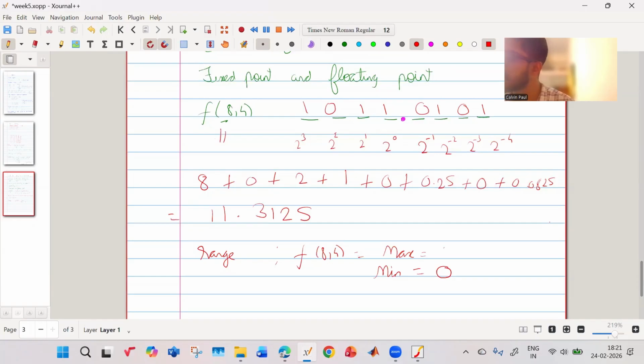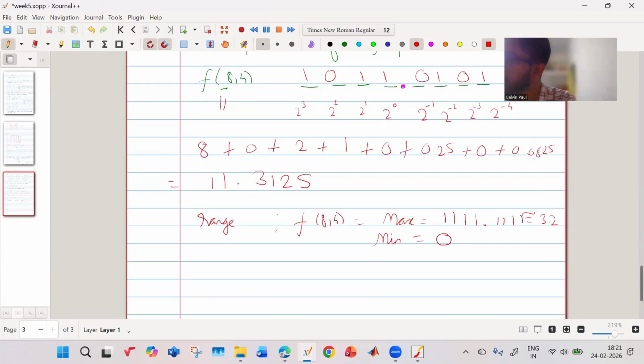So that would be 1111.1111. So you can add it. It would come very close to, it'll be approximately 32, but not exactly 32. Let us say, some 31 point, let us add it.